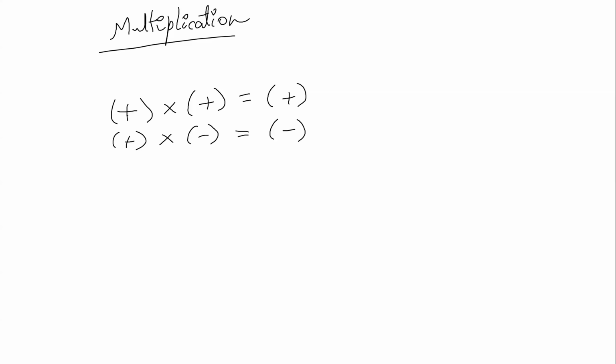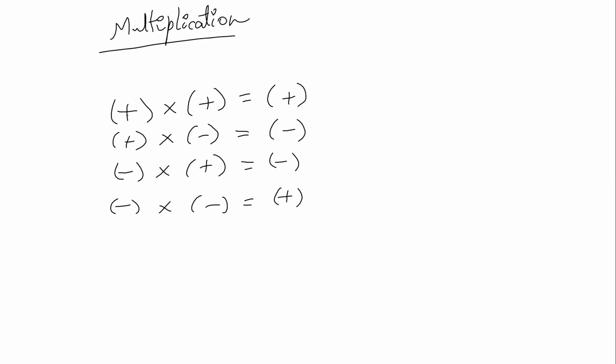Then if you have the first number negative and the second number positive, the answer will come minus. If you have both numbers negative, the answer will be plus. Okay, very good. So this is how we do it.